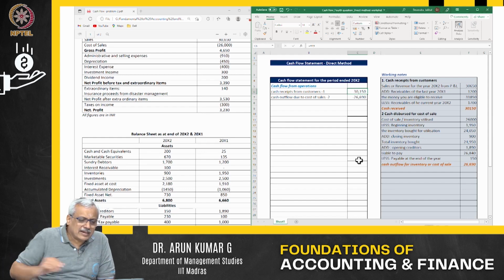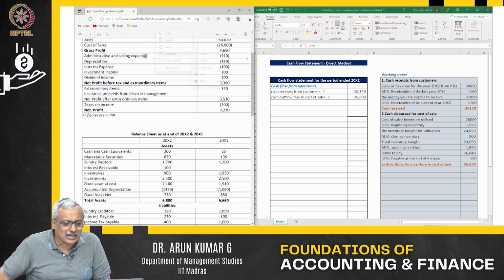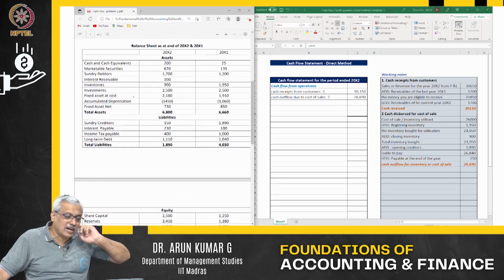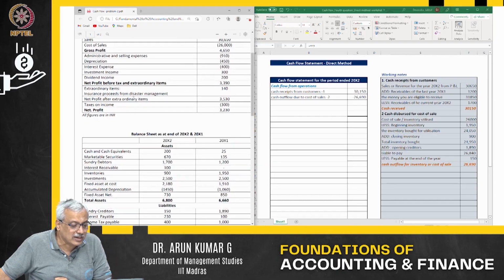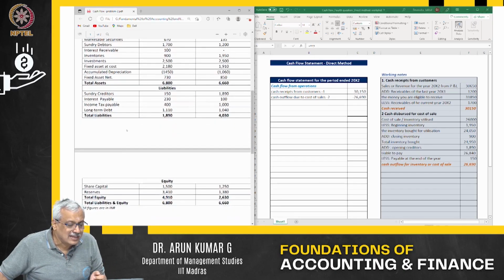Next, let us look at the P&L. The P&L says admin and selling expenditure to the extent of about 910. So there is nothing due or paid in advance related to admin and selling expenses in the balance sheet. If it is paid in advance, it will be on the asset side. If it is paid later, it will be on the liability side.